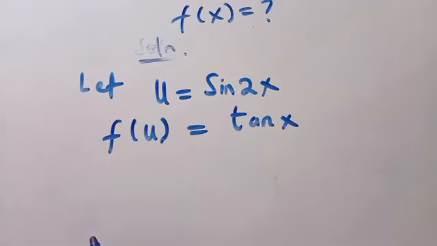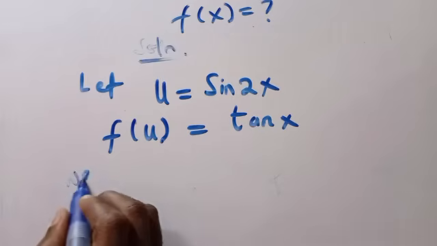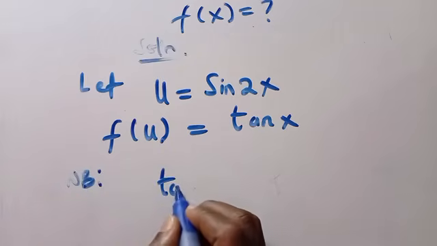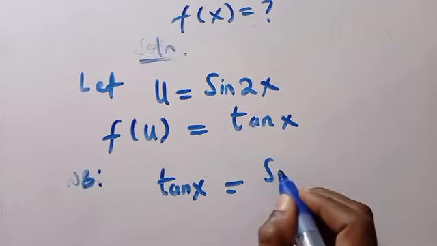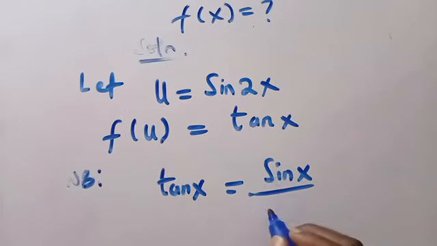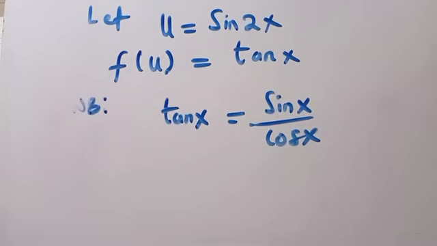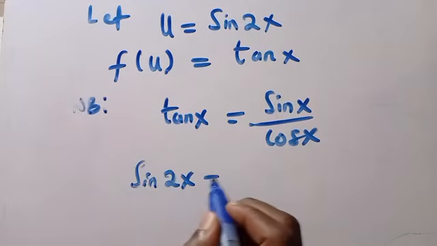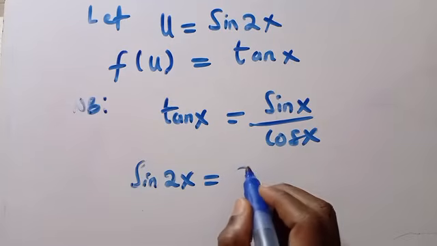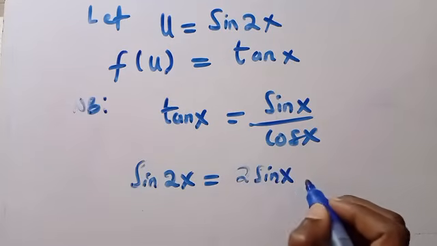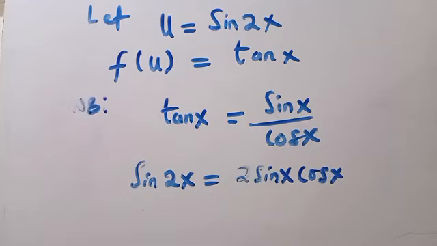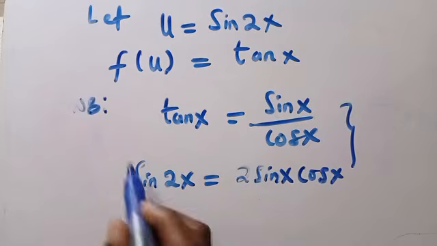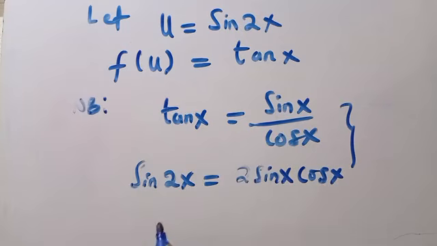What to do is recall some trigonometric identities, where we note that tan x equals sine x divided by cos x. And again, sine 2x equals 2 sine x cos x. So these are the two important identities we are going to be applying later.